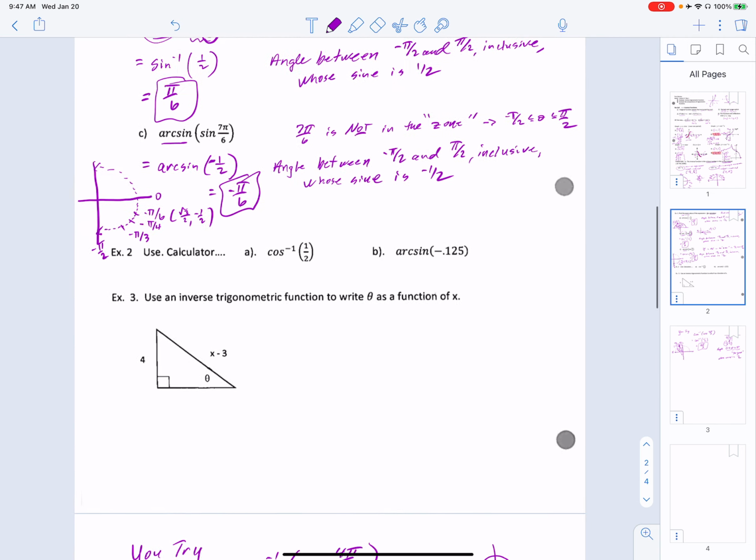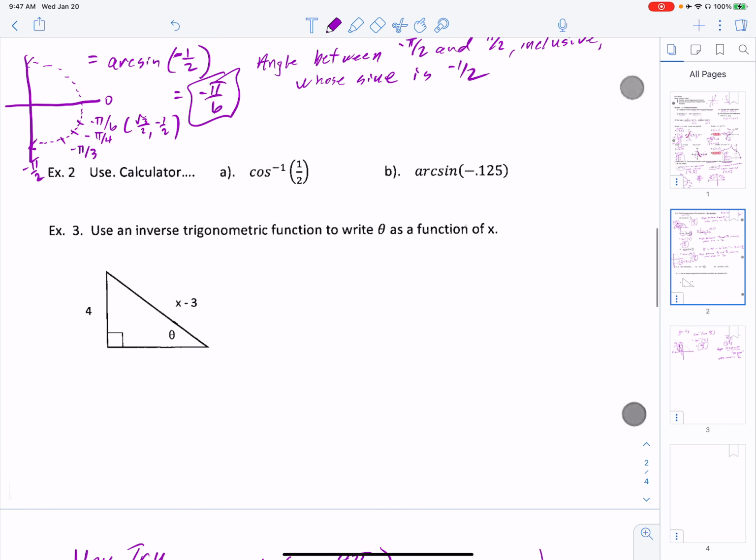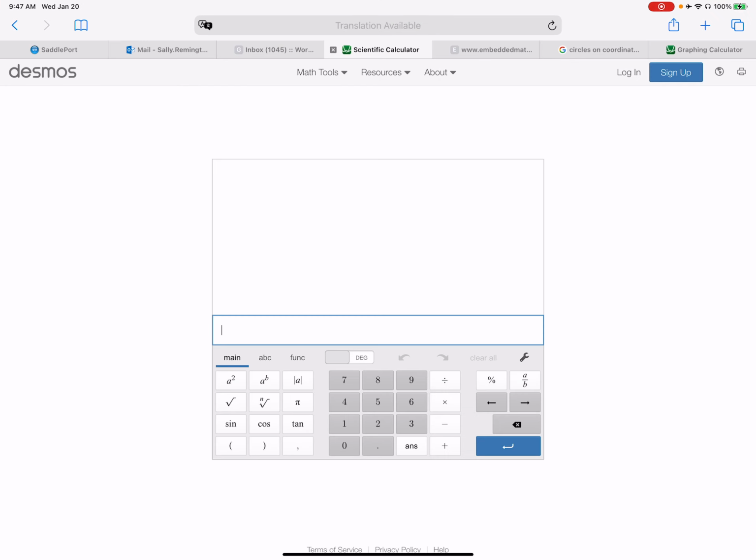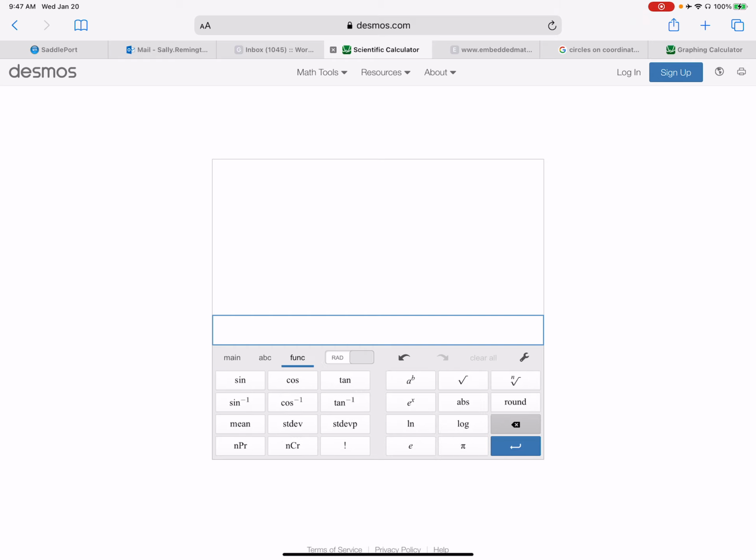All right, so then if you do this on a calculator and I want radian measure to 2 decimal places, then make sure if I want it in radians that you switch. So if I go to Desmos Scientific Calculator, I've got degree or radian, I need to switch. And then if I go to functions, inverse cosine is, by the way, not 1 over cosine.